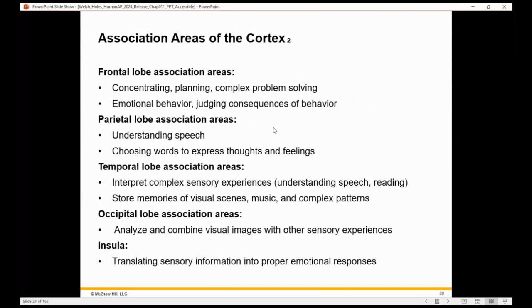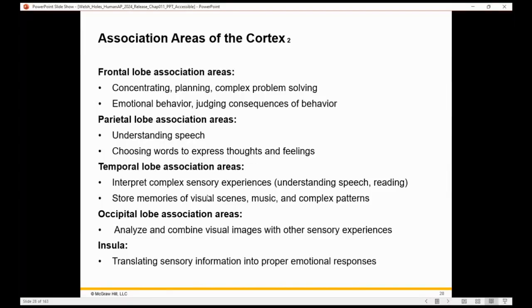So the association areas of the cortex: at the frontal lobe, we have concentration, planning, complex problem solving, also emotional behavior, and judging consequences of behavior. The parietal lobe association areas include understanding speech and choosing words to express thoughts and feelings.